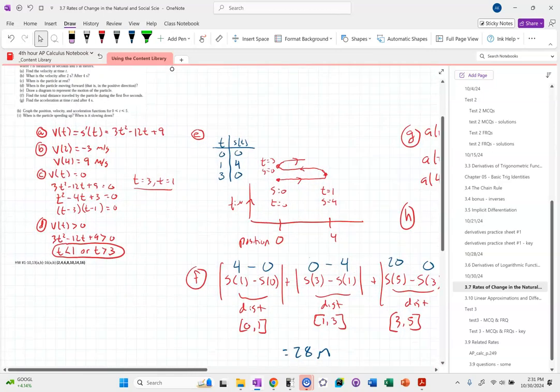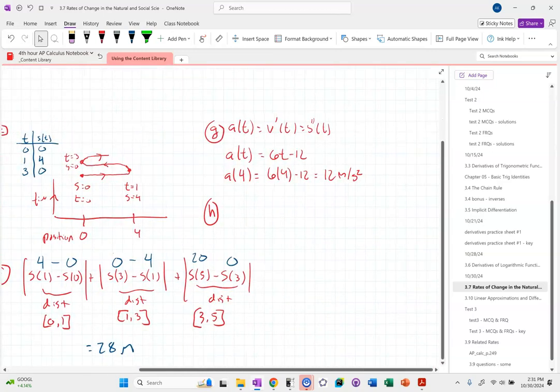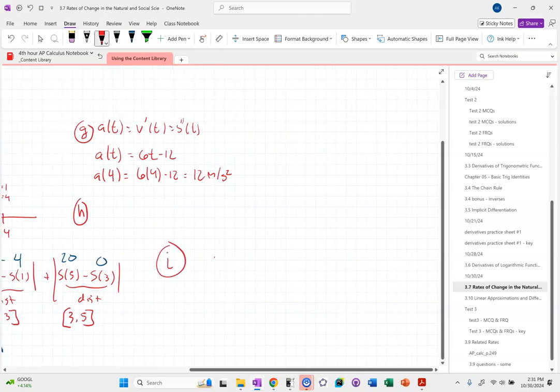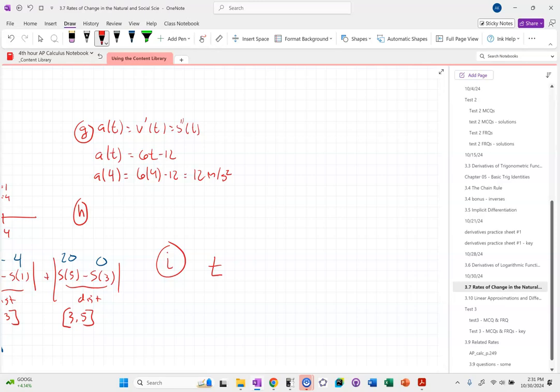So I know that, is it I then? So I need T, and the values of T I need are just going to be in between. I need values in between 1 and 3, right?